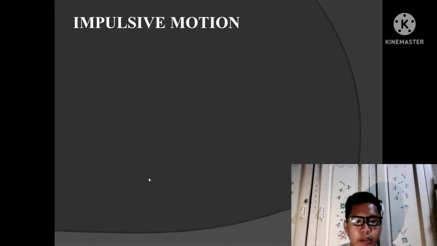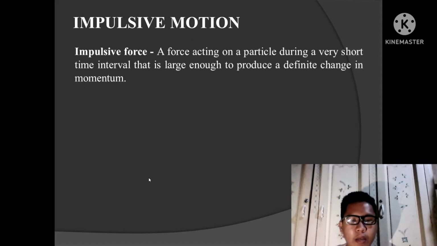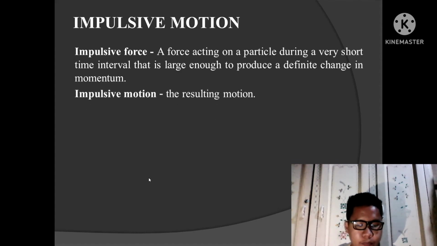We also have impulsive motion. An impulsive force is a force acting on a particle during a very short time interval that is large enough to produce a definite change in momentum. A good example of an impulsive force is dropping a ball.